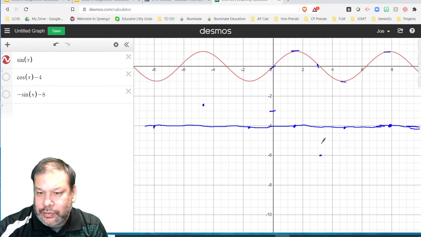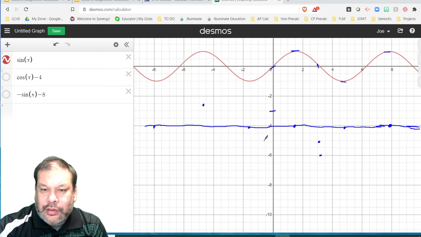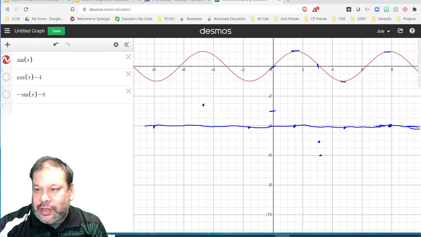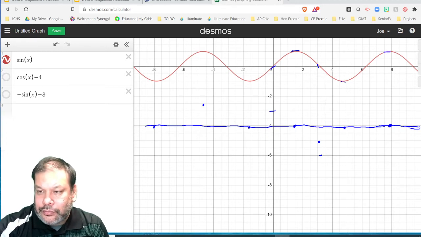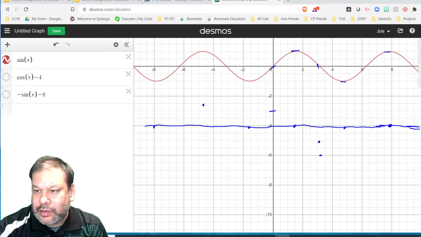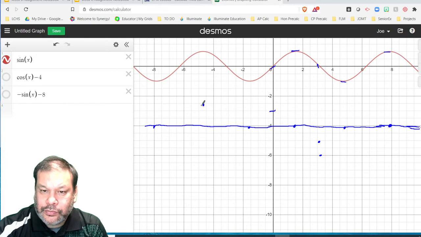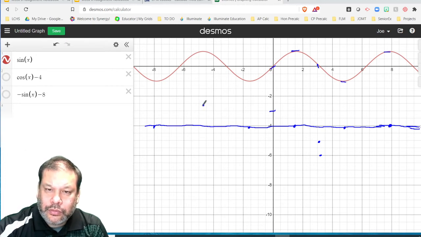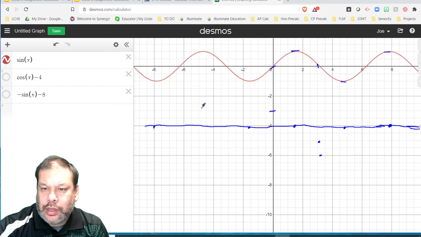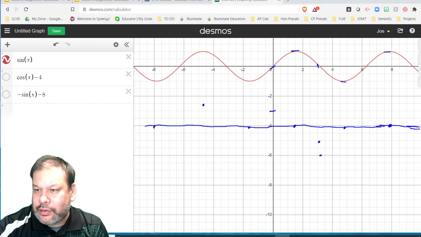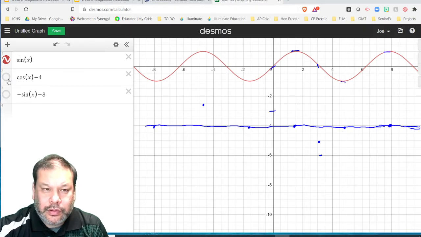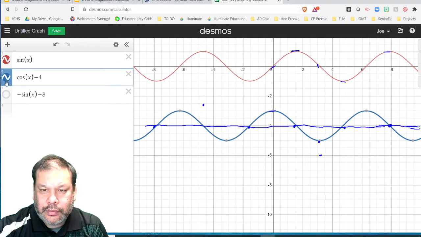I should be drawing it up here. So when I turn this on, it should fill in where I expect the zeros. I'll just turn it on.